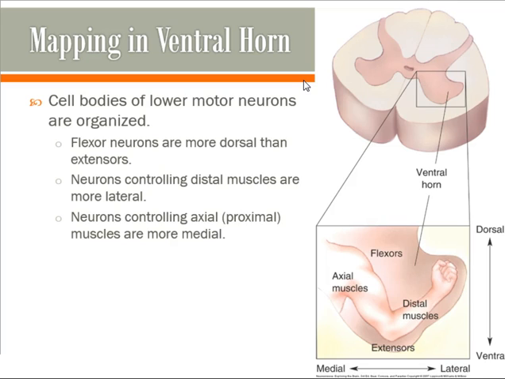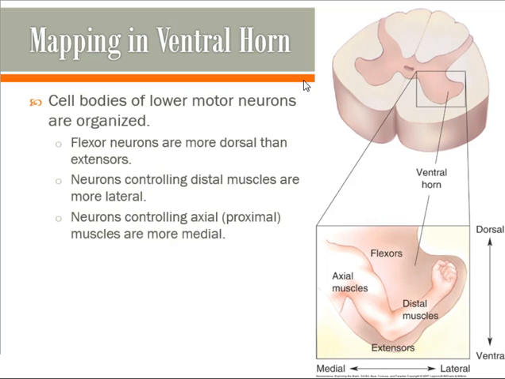Whereas extensor muscles, particularly those related to limb extension, tend to be located a bit more distally, in these areas down towards the tips of the horn. So the more ventral part of the ventral horn tends to have a lot of distal muscles and extensor muscles.